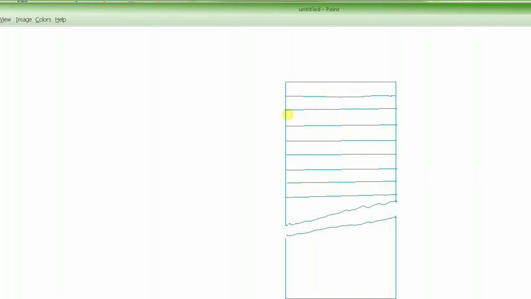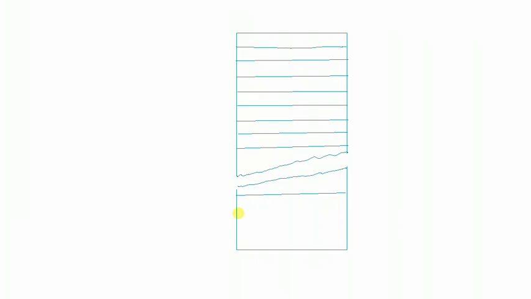So if this is the view of the memory, these are individual bytes in that memory. Basically, memory is simply a collection of a large number of bytes, a huge number of bytes like this.